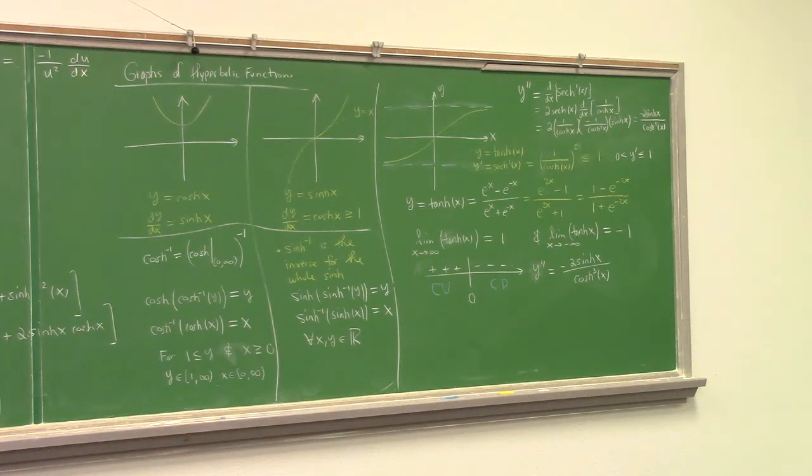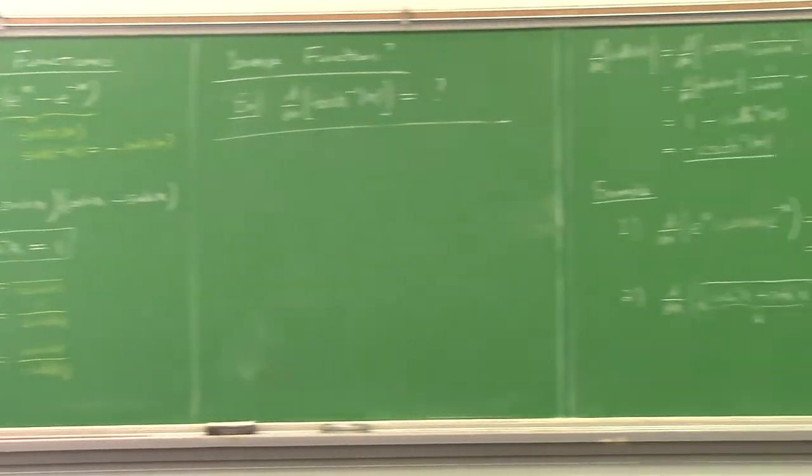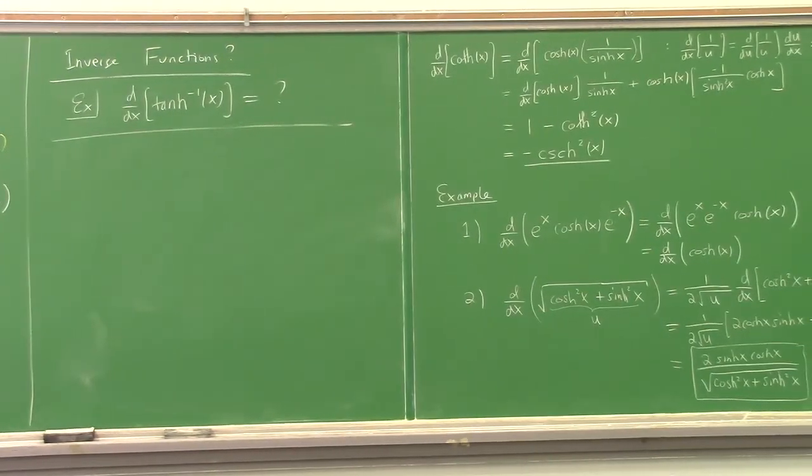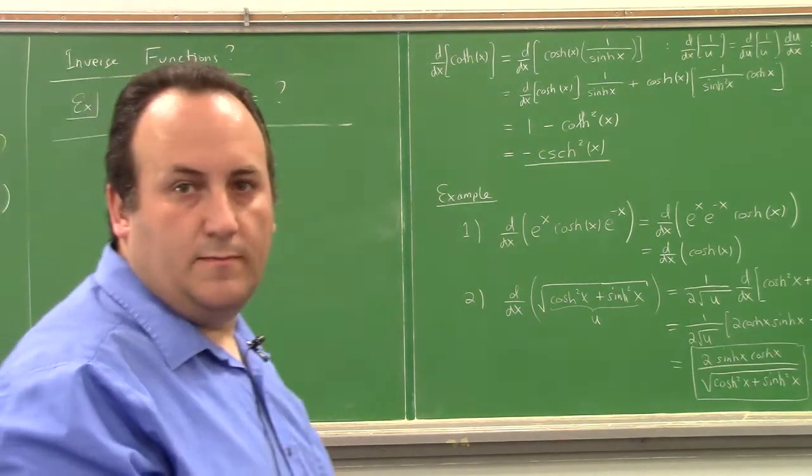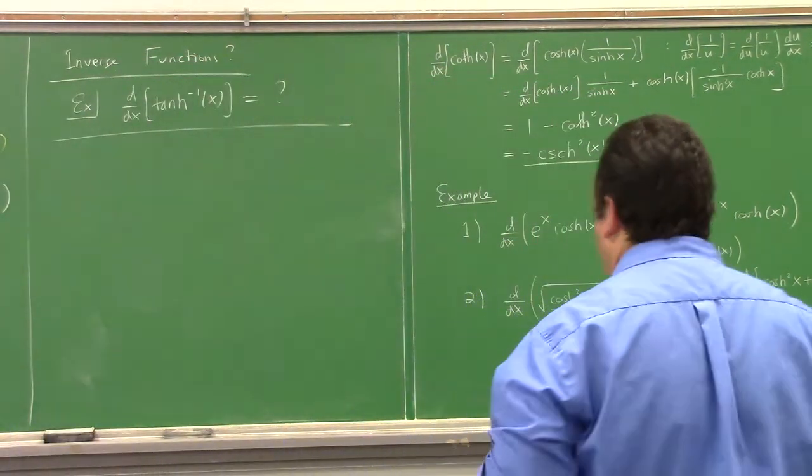So I'll give you this example. What's d/dx of inverse hyperbolic tangent of x? What's our go-to method for calculating the derivative of an inverse function in here? Let me remind you.